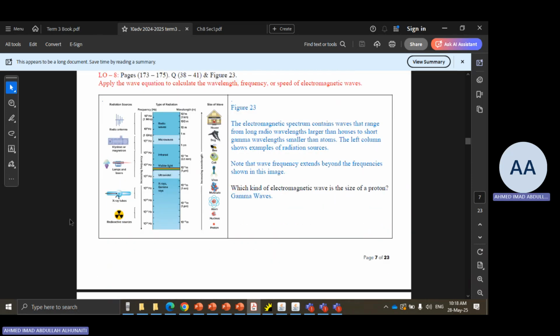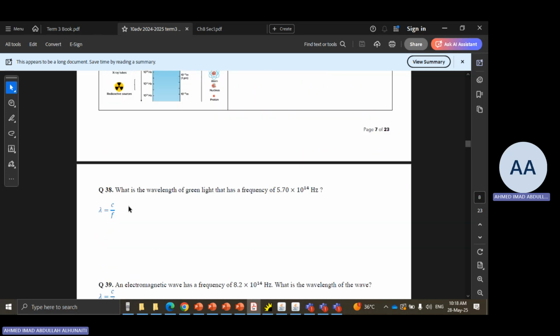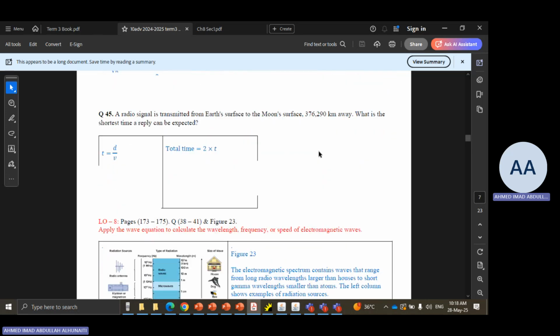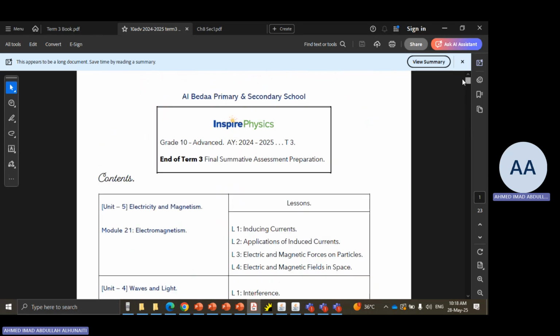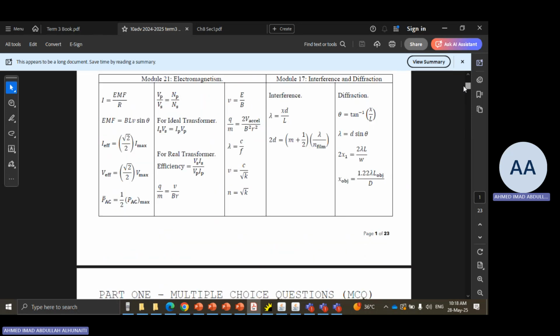Moving on to question number 8. Apply the wave equation to calculate the wavelength, frequency, or speed of electromagnetic waves. The wave equation at our level, written in the advanced formula sheet, is this formula here: lambda equals c divided by f.